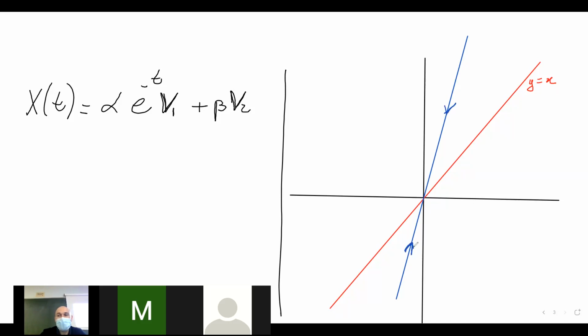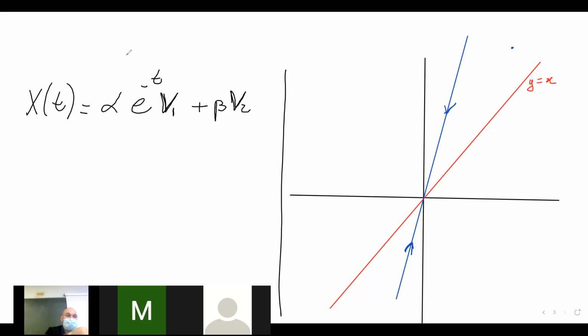Now what if I pick an initial condition here? Where does it go?